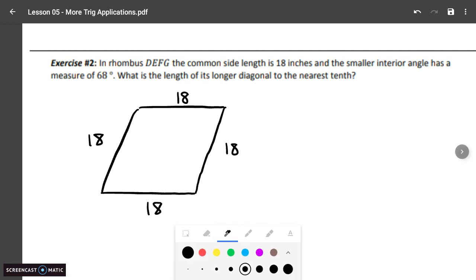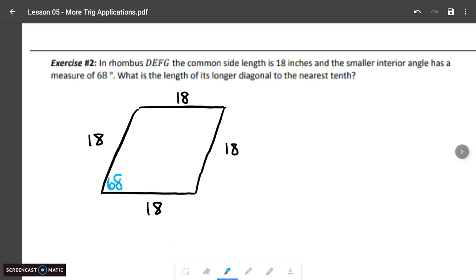And we were also given that the smaller interior angle has a measure of 68. Okay, remember opposite angles are congruent, so that's why I had 68 in both of those smaller spots. We could also find the other degree as well if we wanted to.